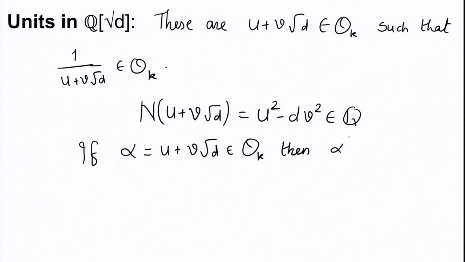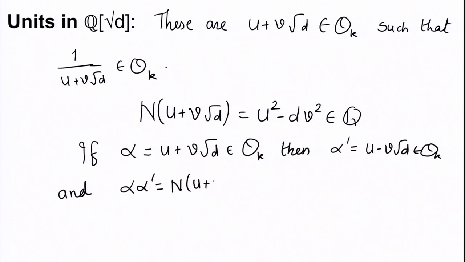Then alpha prime, which is u minus v root d, is in OK, and the norm of u plus v root d is u square minus d v square. Alpha plus alpha prime gives you 2u.